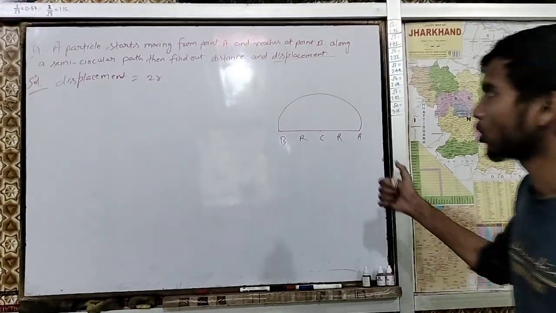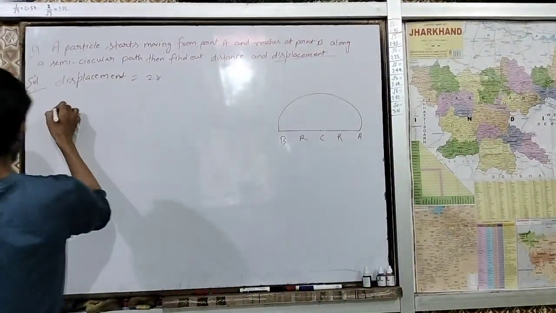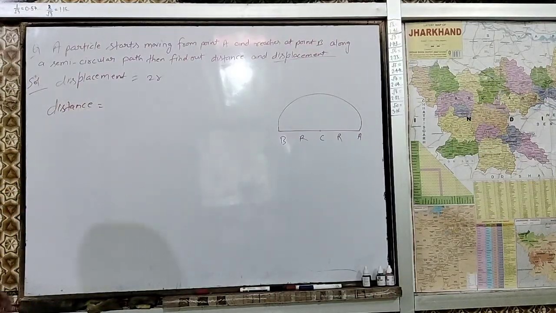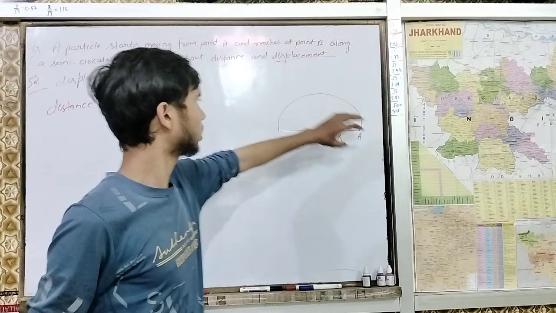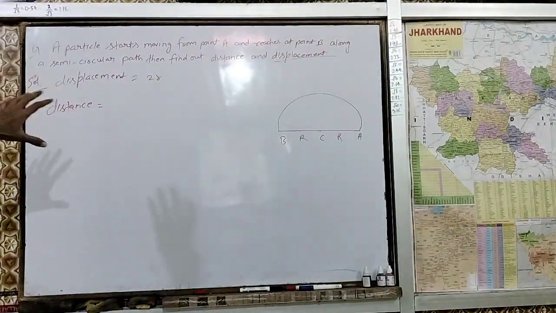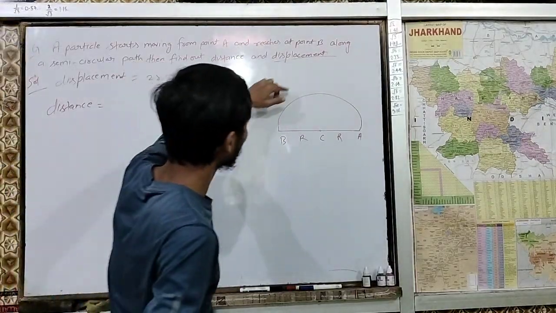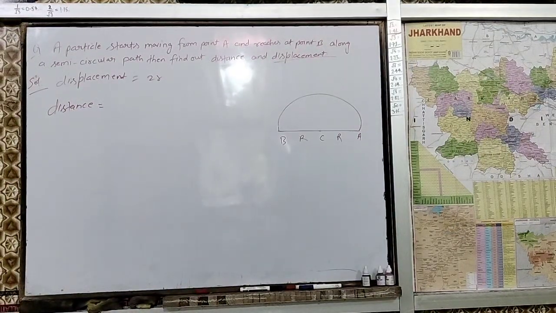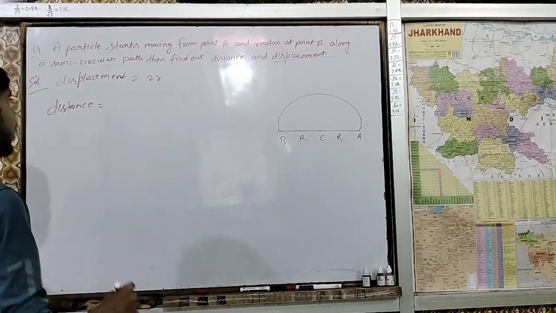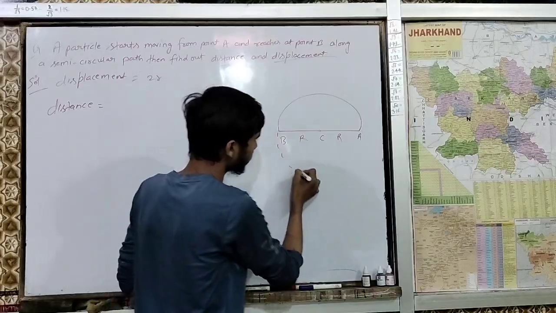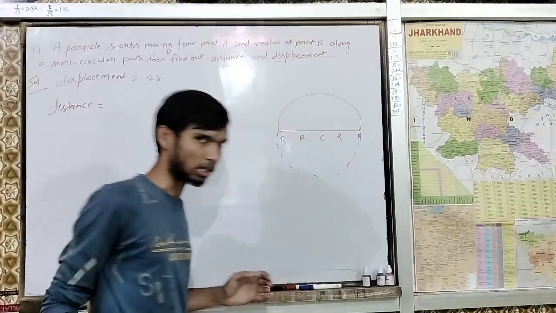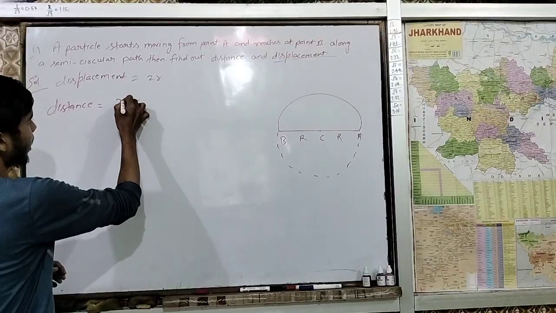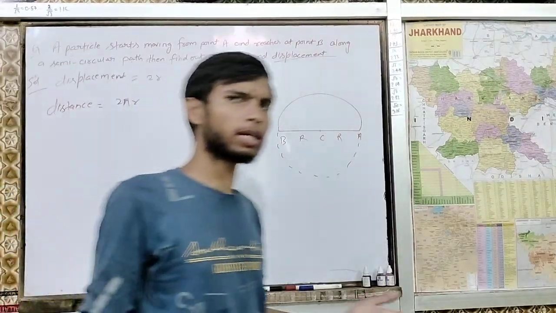Now the distance over here is an arc. You can consider this curve as an arc. If we draw this complete, it is a complete circle, and the value for a complete circle is 2 pi r.